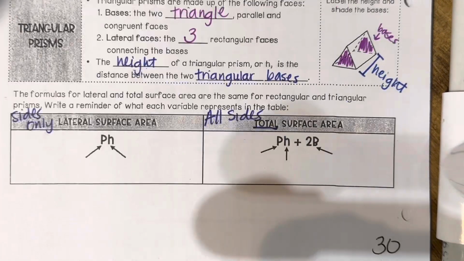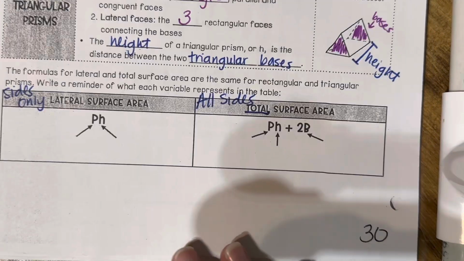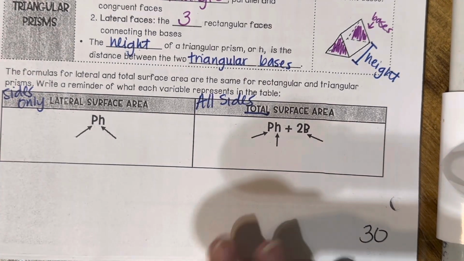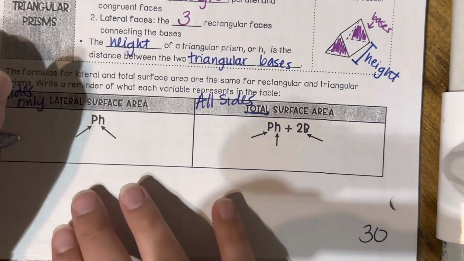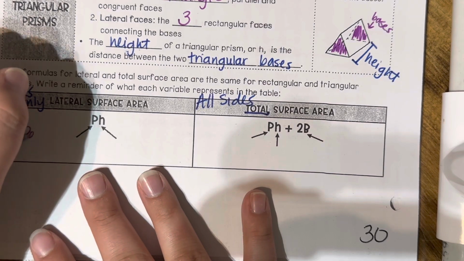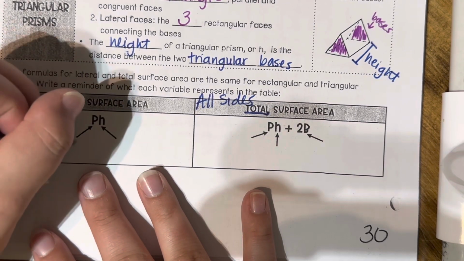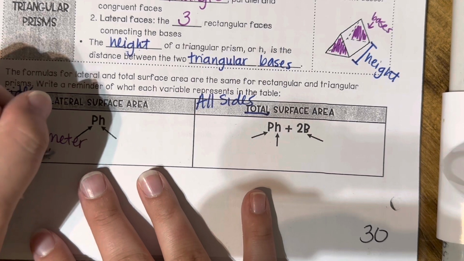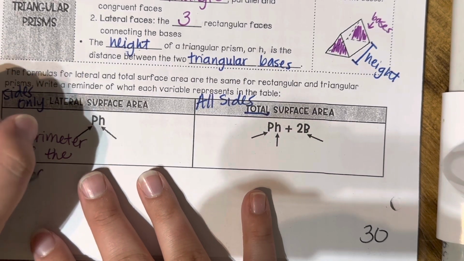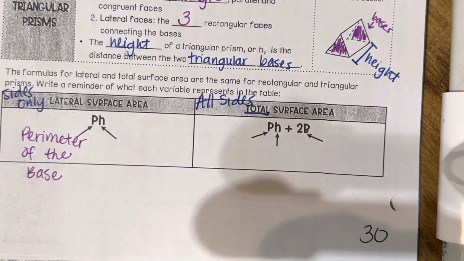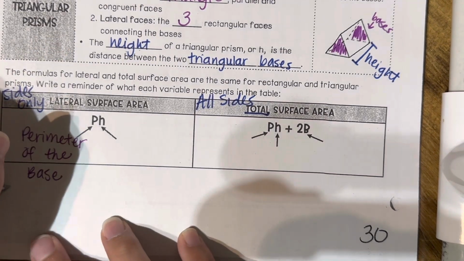So let's break down these formulas. For lateral surface area, I have a big P. This means the perimeter of the base. Now, how do we find the perimeter of the base?